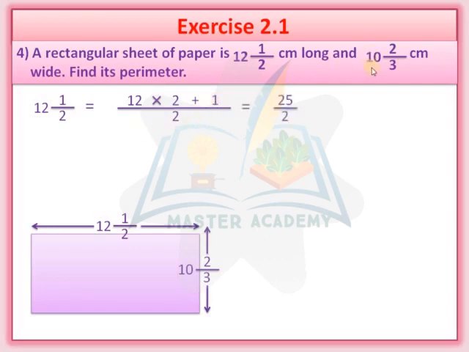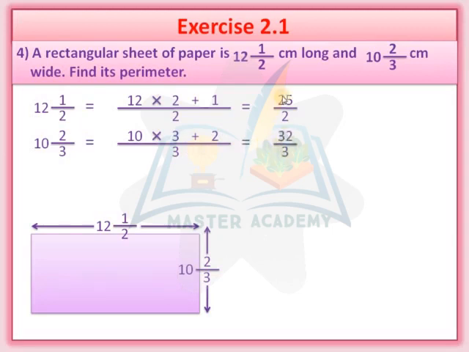In the same way, 10 integer 2/3, again we are going to convert. 10 multiplied by 3 is 30, plus 2, it means 32/3. Okay, you can see 10 multiplied by 3 plus 2 over 3 is equal to 32/3.